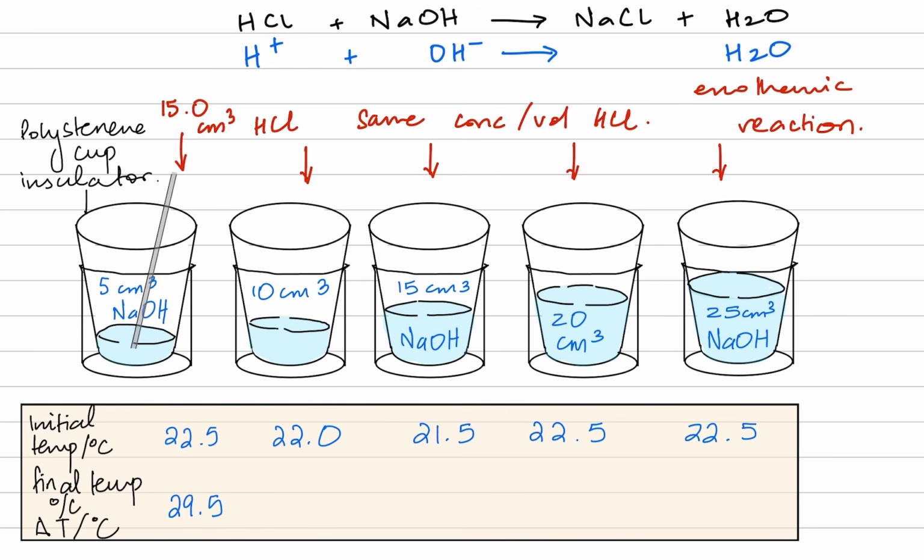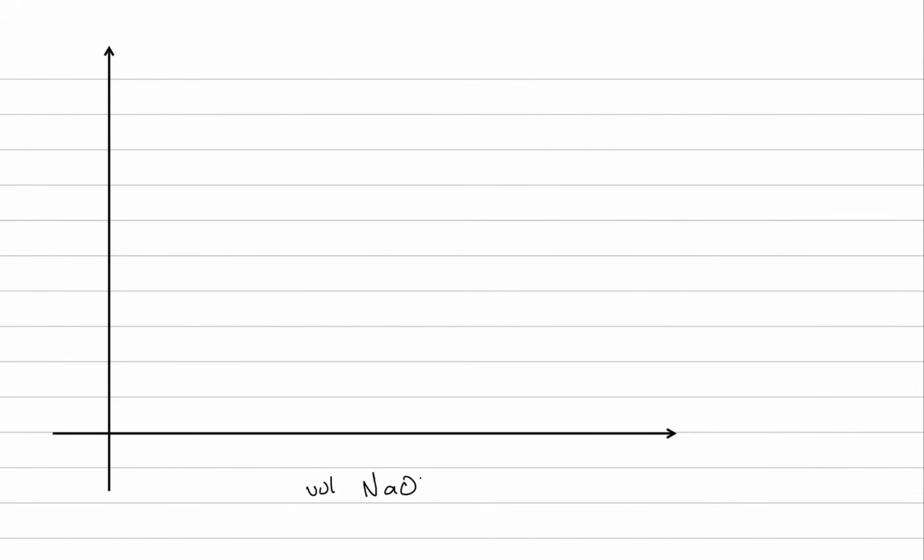I measured the temperatures immediately after adding the acid, and you can see on the table the final temperatures. I am not writing the change in temperature on this table because the space wasn't enough. You can see the final temperatures were increasing but then did not increase as much.